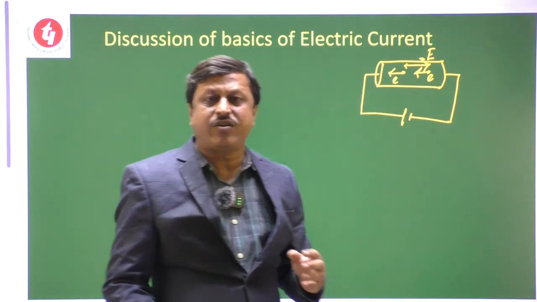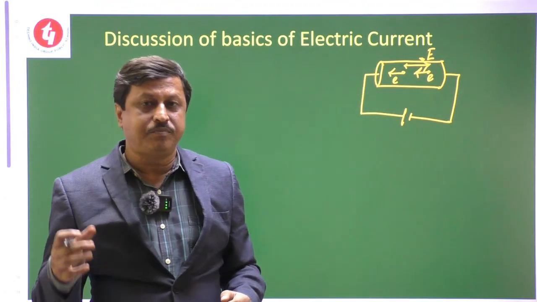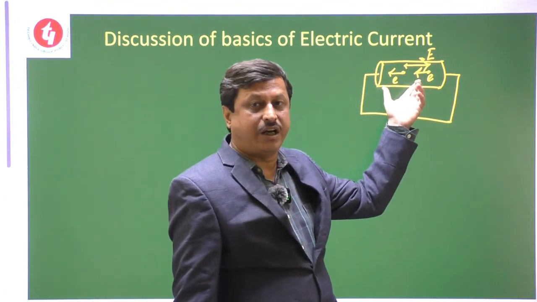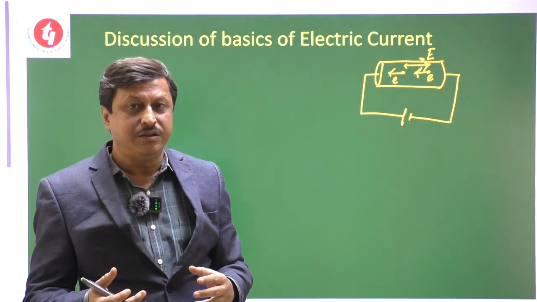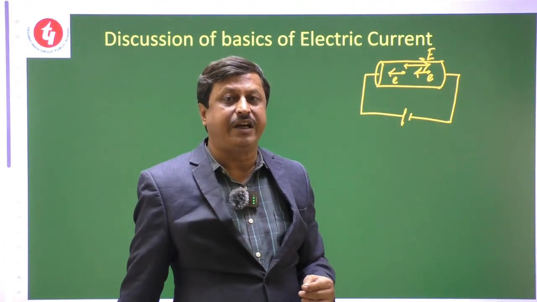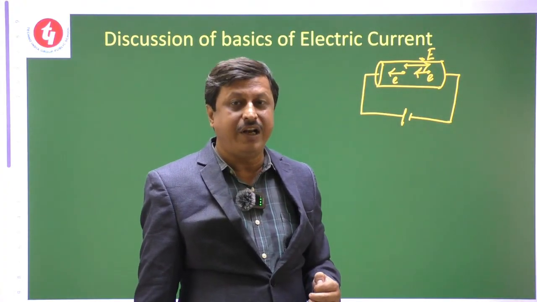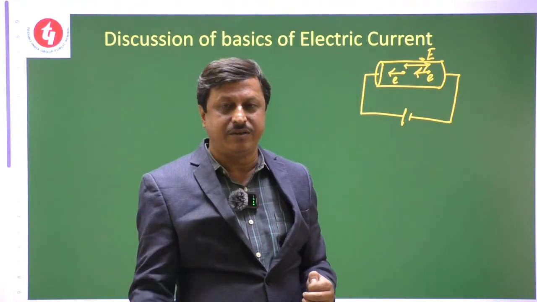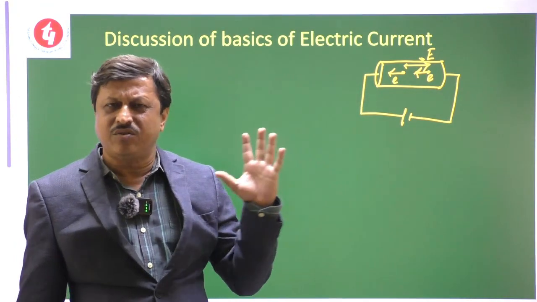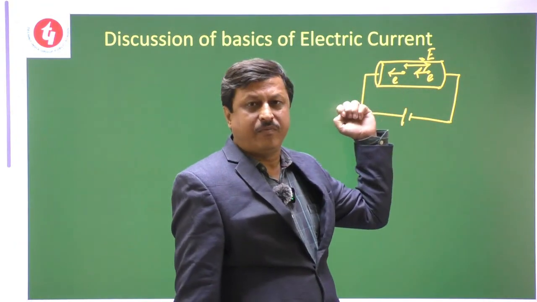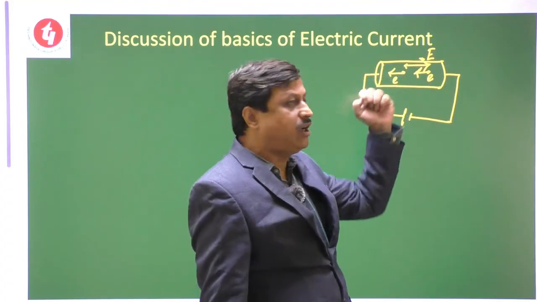So when a metallic wire or conductor is connected with a battery, an electric field is generated in the wire, and this electric field gives a force on the free electrons. Obviously the electron is negatively charged, so it experiences a force oppositely directed to the electric field.